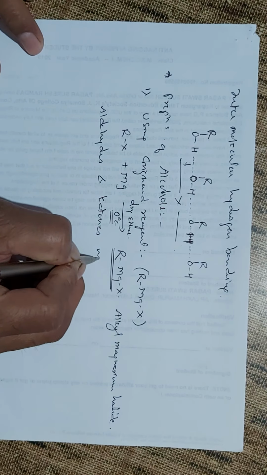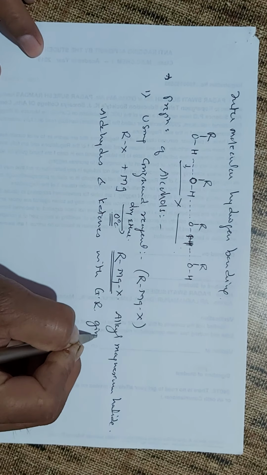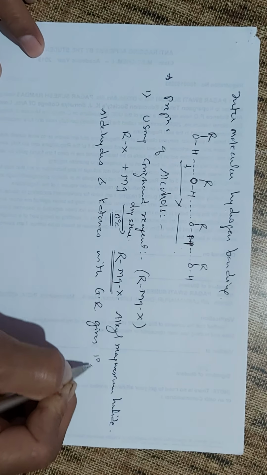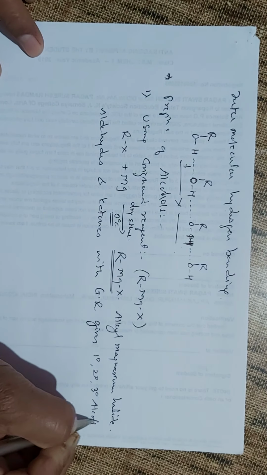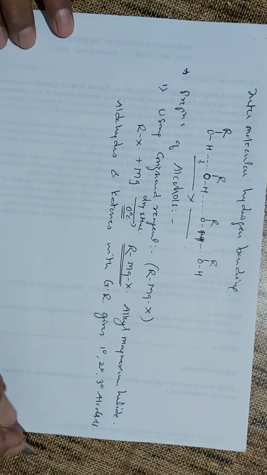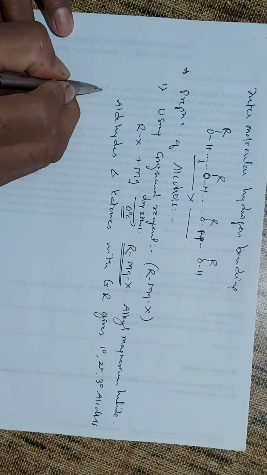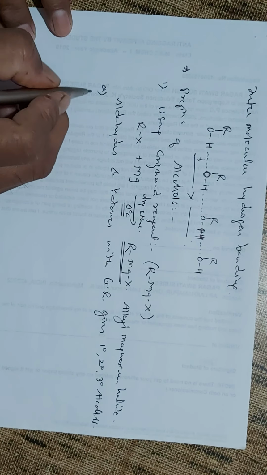Aldehydes and ketones with Grignard's reagent give primary, secondary and tertiary alcohols. And so here we will start studying the preparation of the different types of alcohols.